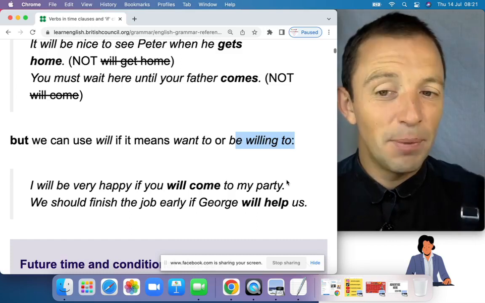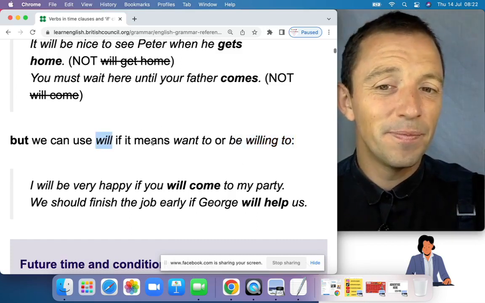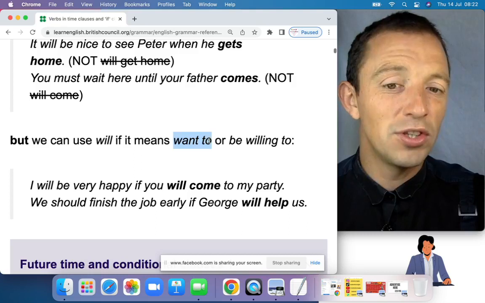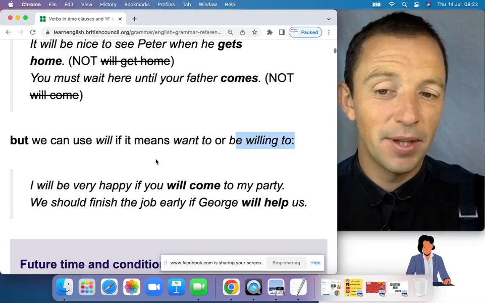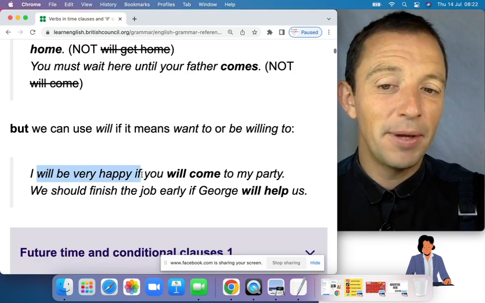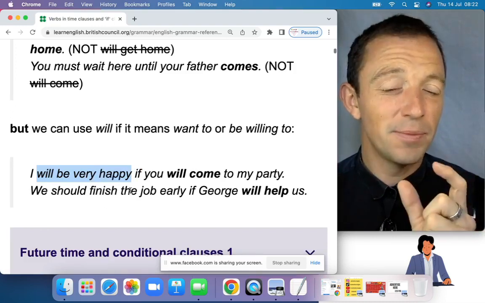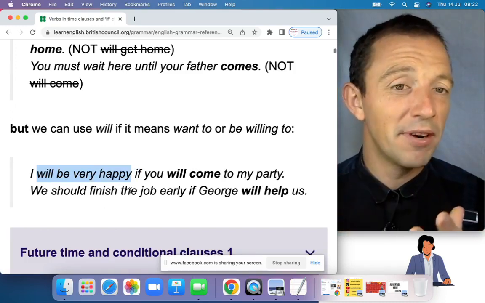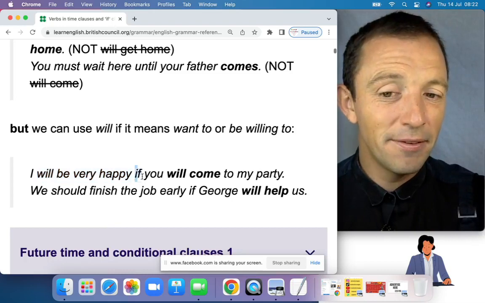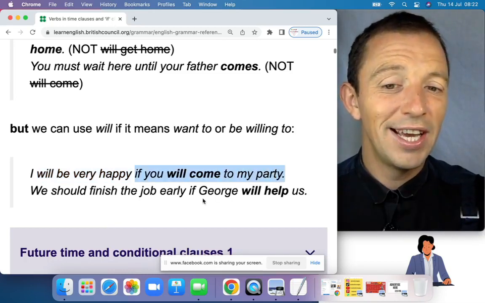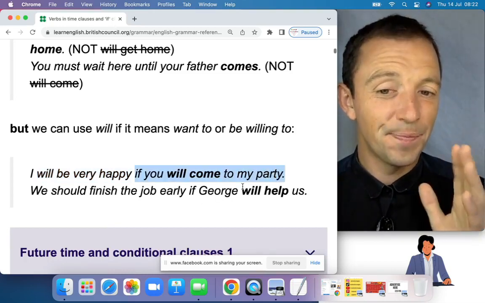And it is possible to use will if it represents want to or be willing to. For example, I will be very happy. This is the first clause and it's the future. I will be very happy in the future. If clause, conditional clause, if you come to my party.